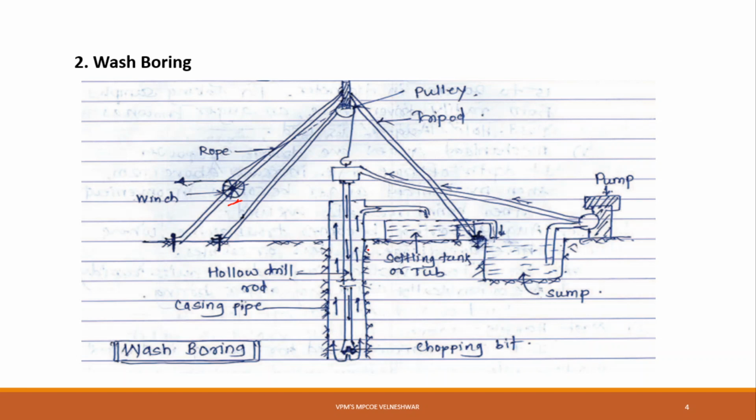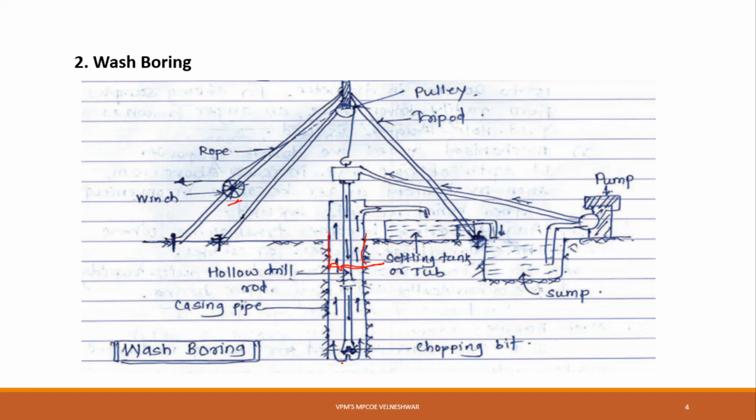See here, this is the casing pipe. Suppose you have advanced the borehole up to this depth. Up to this depth, you have to insert the casing pipe here. After inserting the casing pipe, the hole is then continued by the use of a chopping bit.